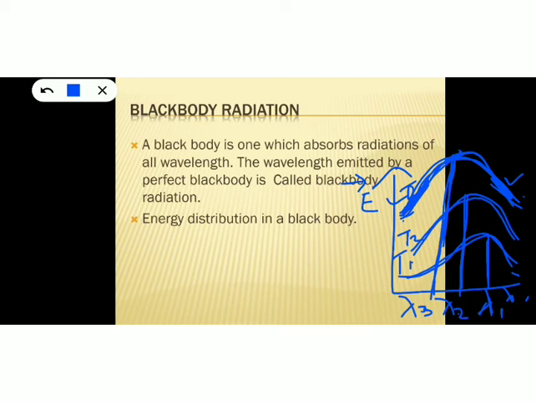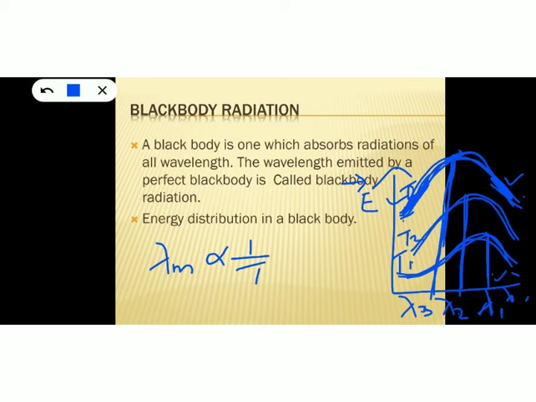And this maximum energy carrying wavelength decreases with increase in temperature, because this maximum wavelength is inversely proportional to temperature. See, for temperature T1, lambda 1 is the wavelength, and that is a very high value.